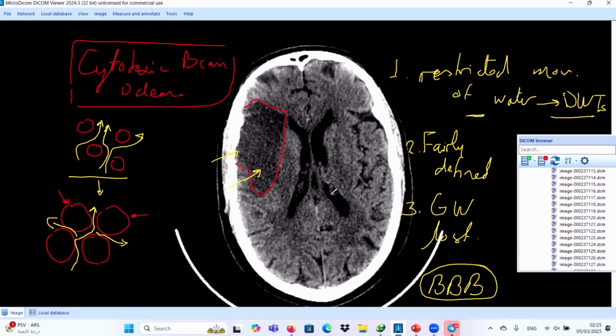It's very important to know what the cytotoxic brain edema is, what the pathogenesis is, because it's very important to check: is it cytotoxic brain edema or any other types of brain edema? Cytotoxic brain edema is more commonly detected in the acute ischemic insult.